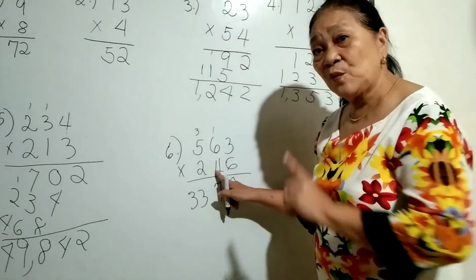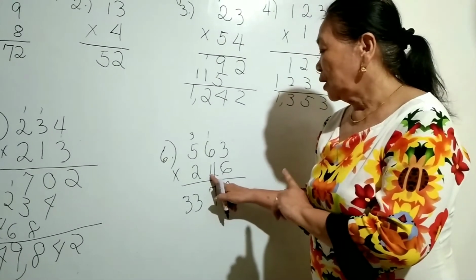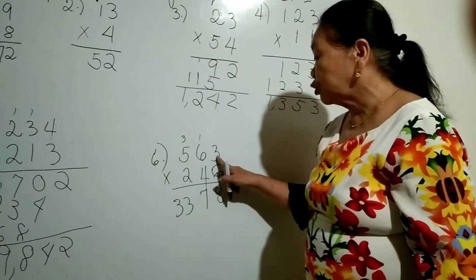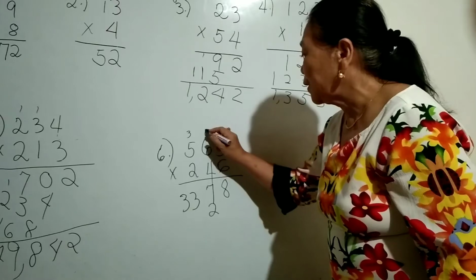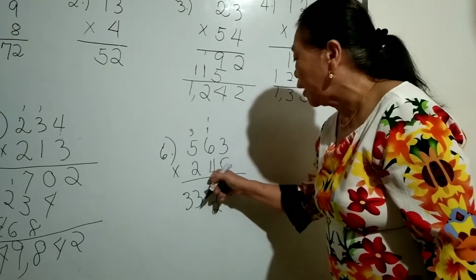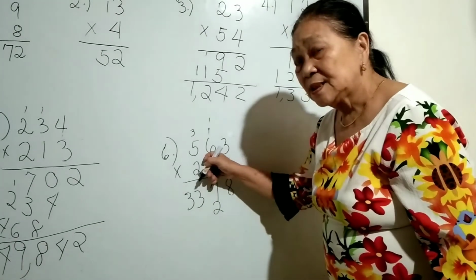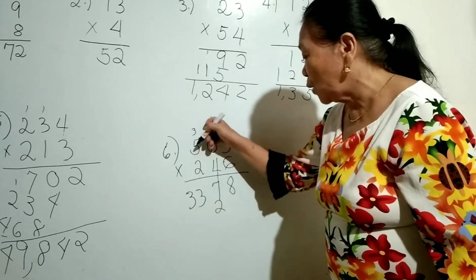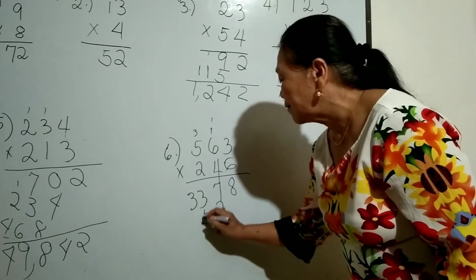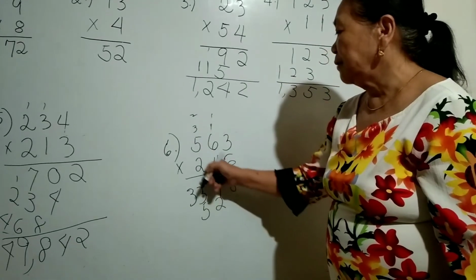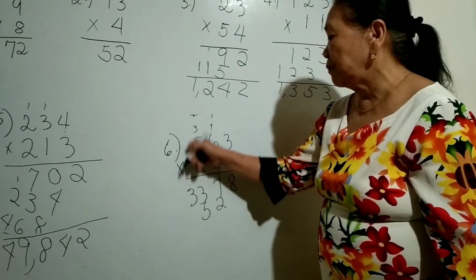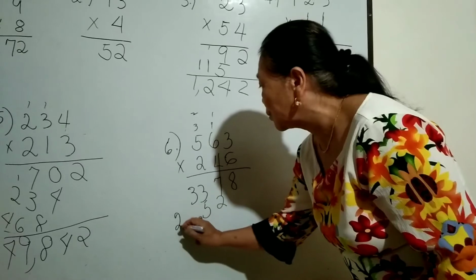And again, we have to have 4. 4 times 3, it's 12. Carry 1. 4 times 6, that's 24. Plus 1, 25. Carry 2. 4 times 5, 20 plus 2, 22.